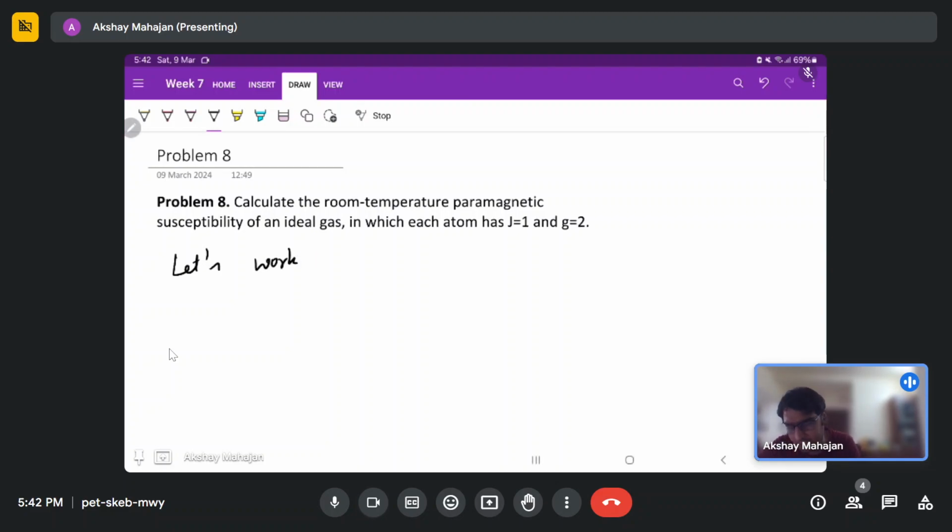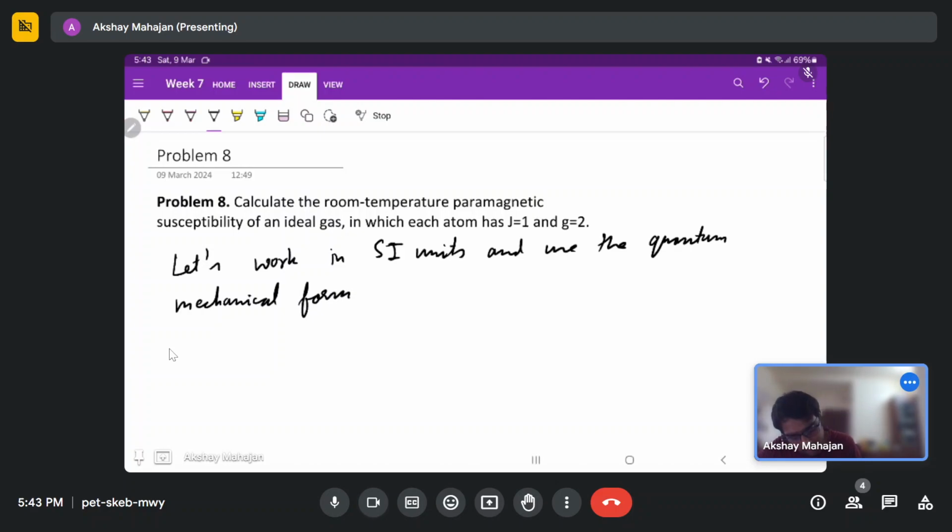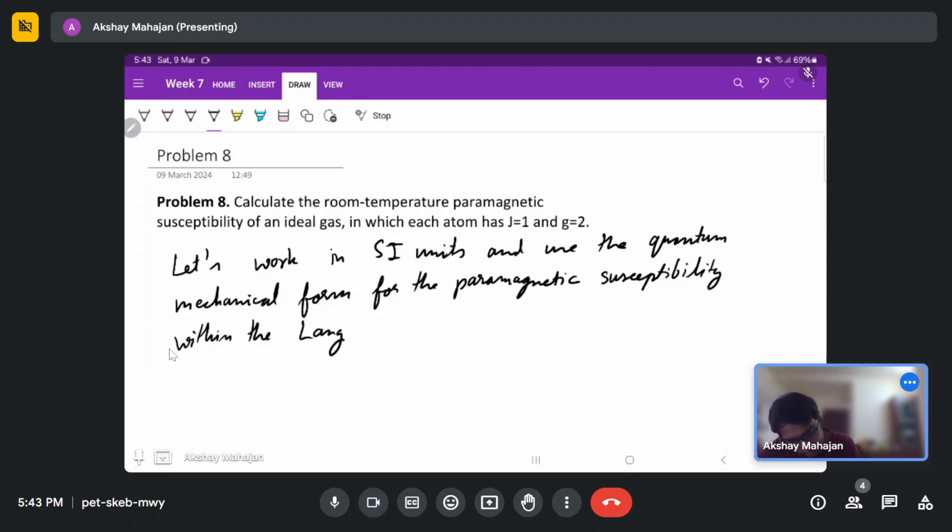For this problem, let's work in SI units and use the quantum mechanical form for the paramagnetic susceptibility within the Langevin localized moment order.